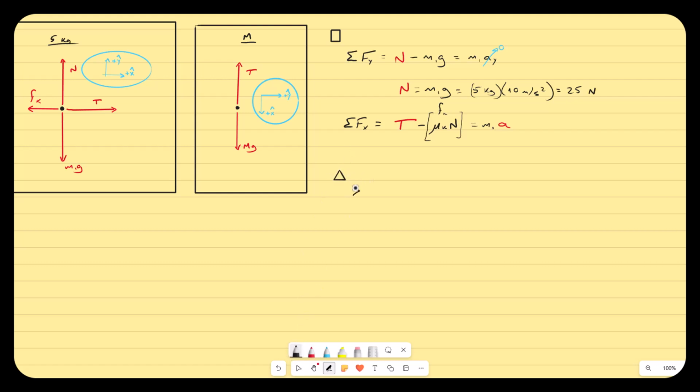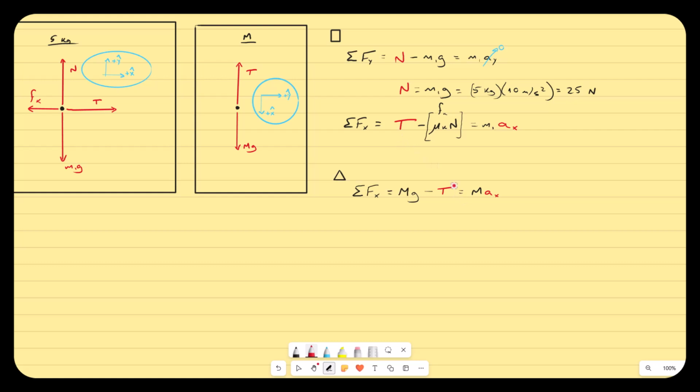For my triangle, my sum of forces in the x direction is going to be mg minus T equals m times a. Same idea, sum of forces equals mass times acceleration always.